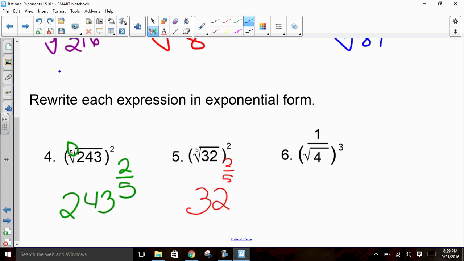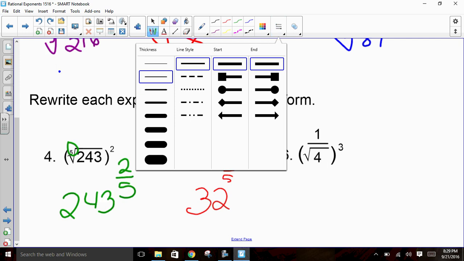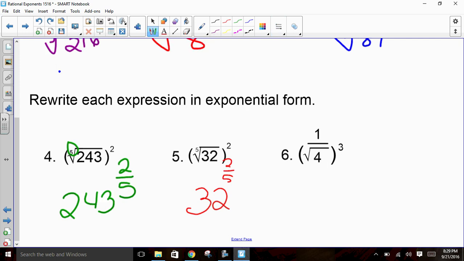And then lastly, I have that 4, some exponent. My index here is that invisible 2. I have a power of 3, and I see it's a fraction, so I need to stick on that negative sign. So negative 3 over 2.